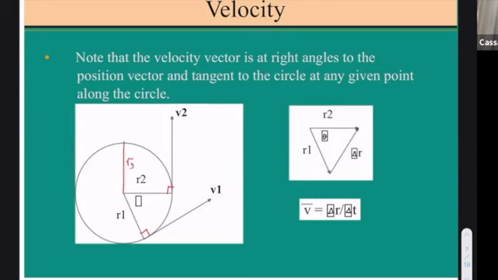Call that R3. Do we think velocity would be pointed this way? I don't think so. I think it would be pointed straight tangent that way, and it would be 90 degrees there. All right. So, and we know velocity is equal to the change in radius over time.